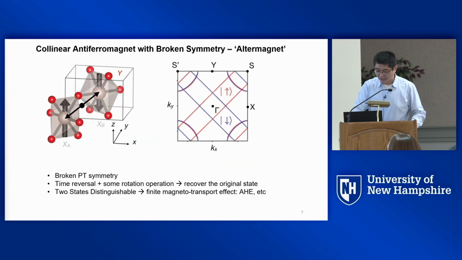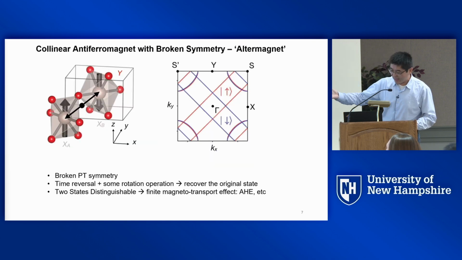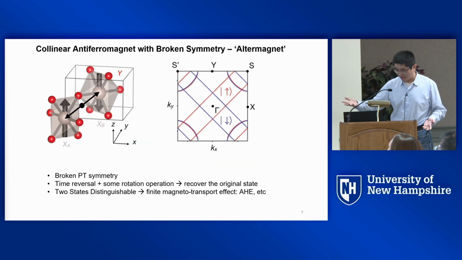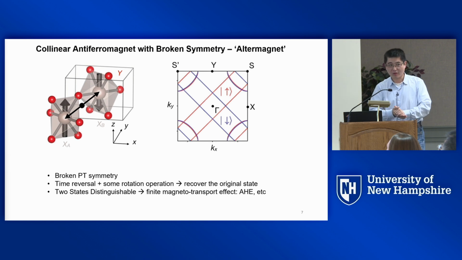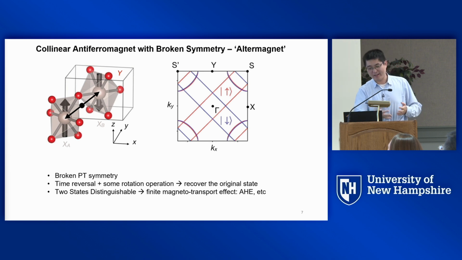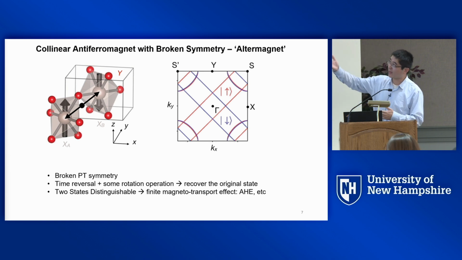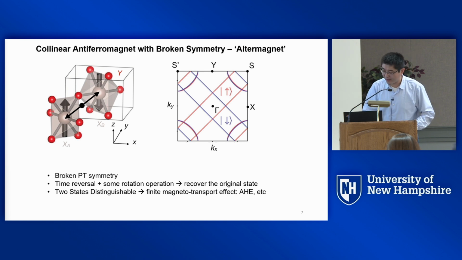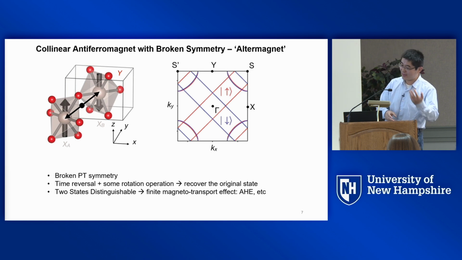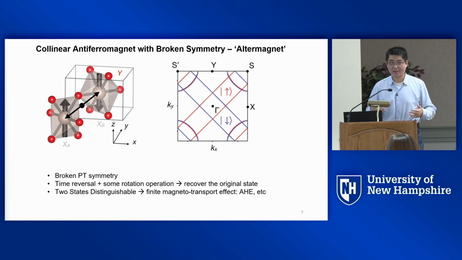Okay, so basically, that's about non-collinear antiferromagnet, which is what I'm going to talk about mostly today. But here I would like to mention that these days you also heard the term altermagnet. So usually people define altermagnetism in this category of collinear antiferromagnet, but they have very similar origin or similar physics with the non-collinear antiferromagnet that I just talked about. So the main idea is still that you break the PT symmetry.